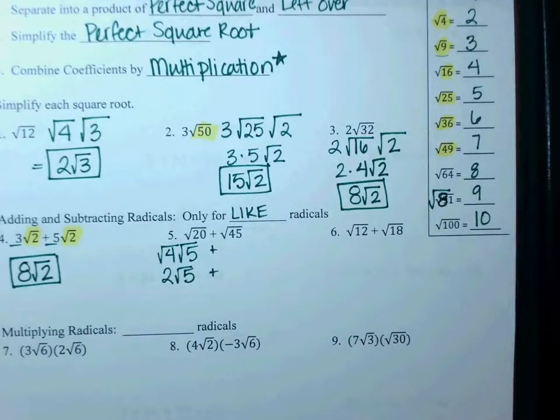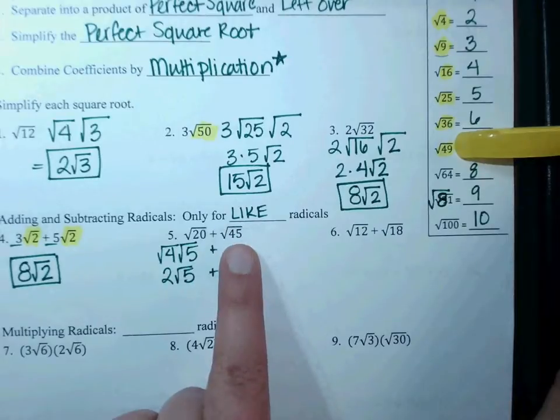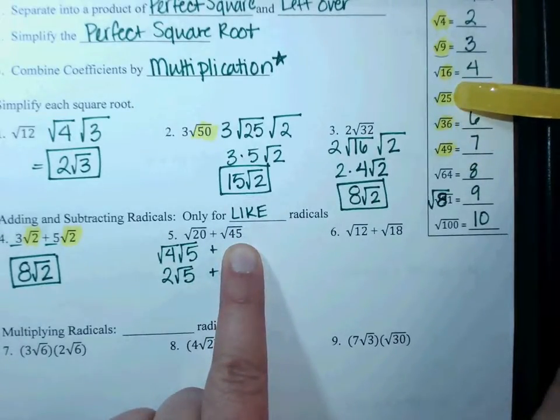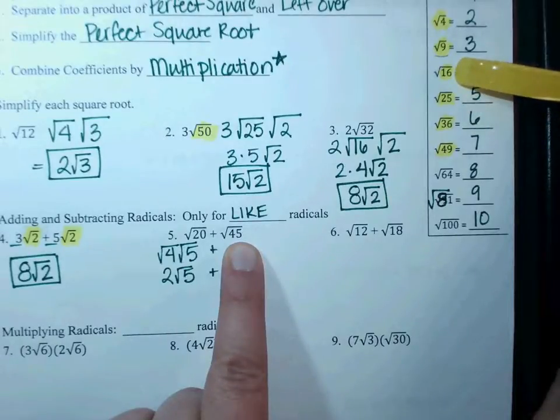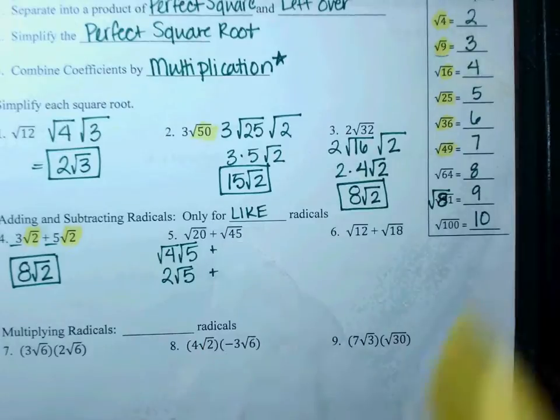Now I'm going to move to my 45 side. Okay, what is 45 close to on the list? 49. Okay, so let's work our way up. Can 45 divide evenly by 36? 25. Can 45 divide by 16? Can it divide by 9? Yeah, by 5. 9 times 5.